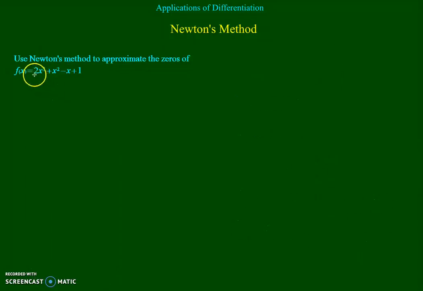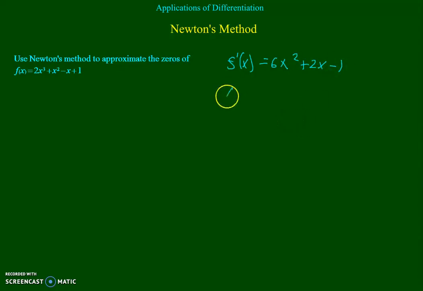In this problem we have 2x to the third plus x squared minus x plus 1. Let's go ahead and take our derivative. So that's going to be 6x squared plus 2x minus 1.